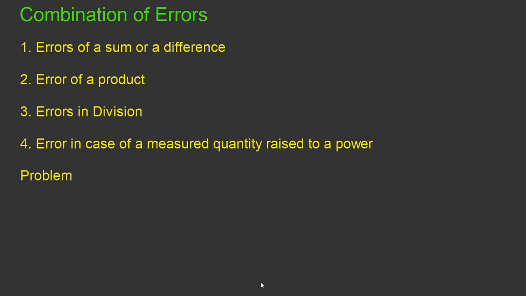In this section, we are going to study combination of errors, specifically errors of a sum or a difference, errors of a product, errors in division, errors in case of a measured quantity raised to a power. And last, we will do a problem which was asked in JEE Main 2015.